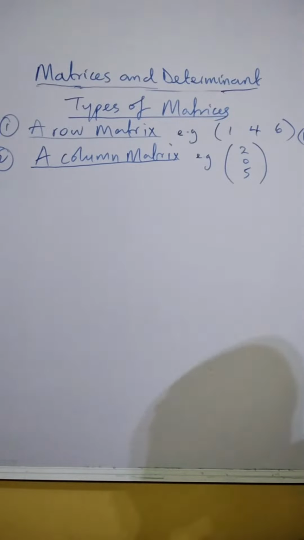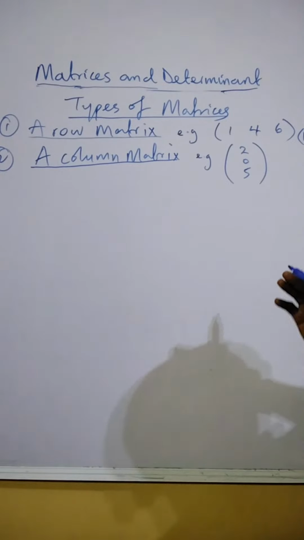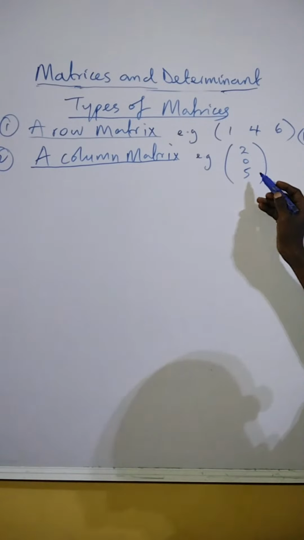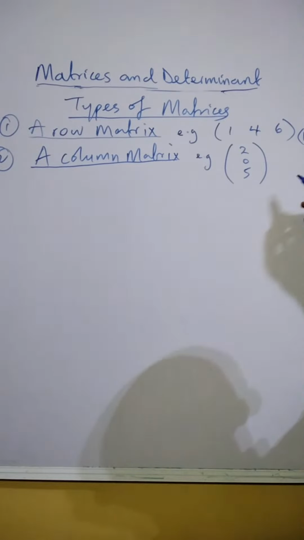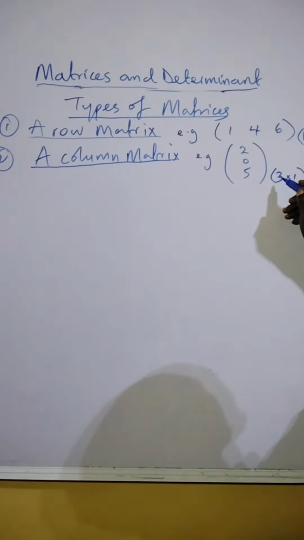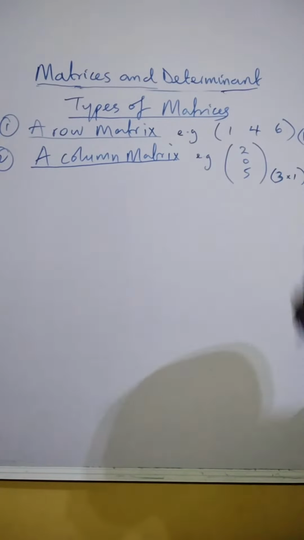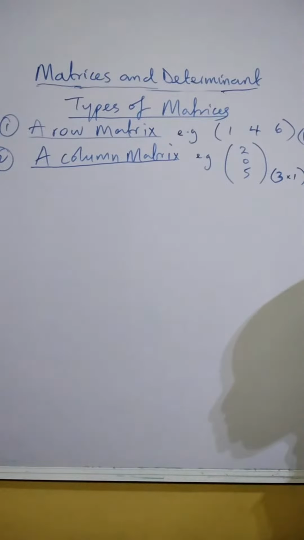This matrix has only one column of elements, and it has how many rows? 3 rows. When you write the order, row first before column, so we have 3 by 1. That means 3 rows, 1 column. So that's what you have as a column matrix, just one column of elements.